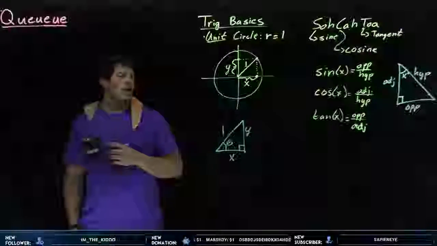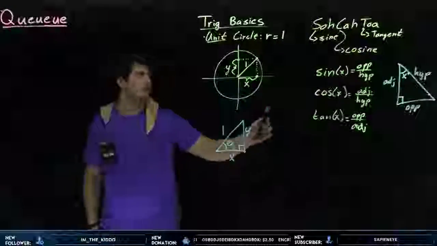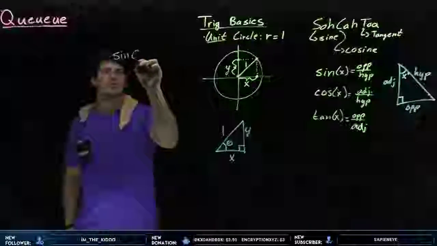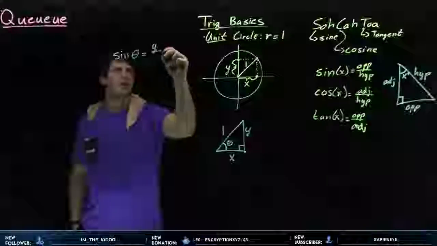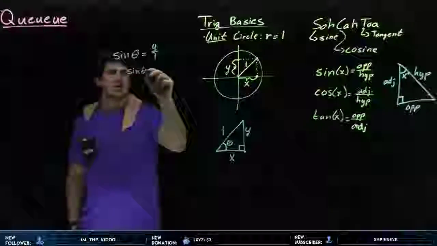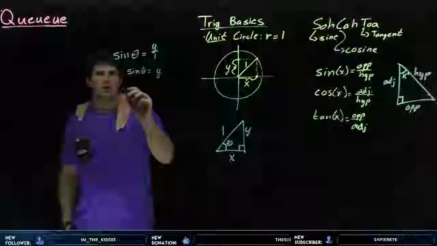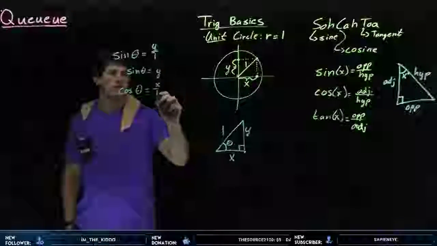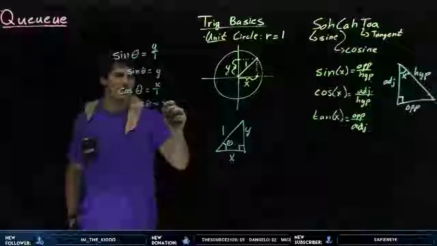And if I want to find the sine of theta, sine would be opposite over hypotenuse. So sine of theta is opposite, so y over 1, because our hypotenuse is just 1. So the sine of theta is actually just equal to y in this case, because it's the unit circle. Right? The cosine follows the same pattern. Cosine of theta equals x over 1, so you get cosine of theta equals x.